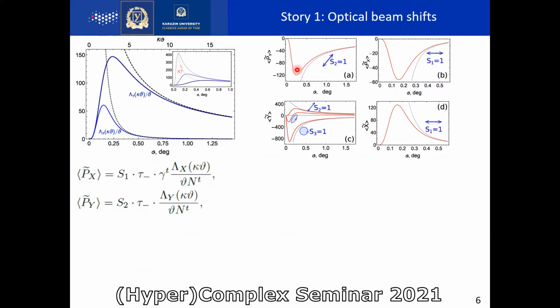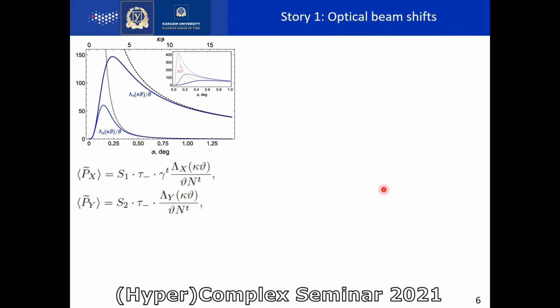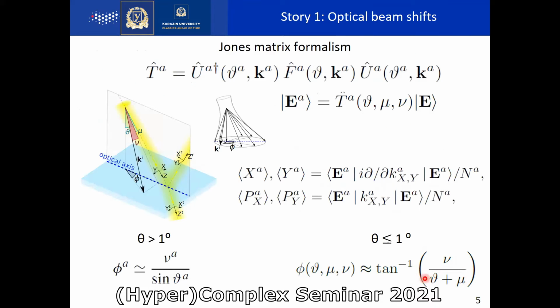These are the final dependencies for the shifts, which well describe all recently observed phenomena which are not covered by the standard theory. And the main feature here is, first, that the Goos-Hänchen and Imbert-Fedorov shifts in this case have the same nature, the same origin, which is the singularity of the Berry phase. This exactly comes when this denominator goes to 0.